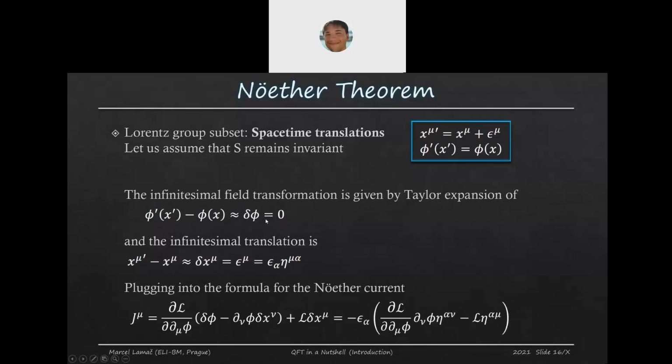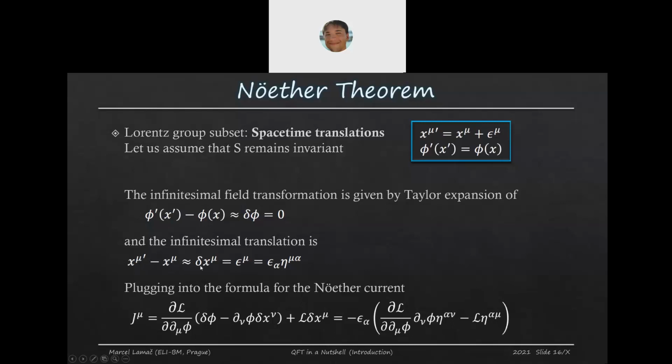So the first term goes to zero immediately, and what remains are only the terms with the infinitesimal coordinate transformations. So let's do the infinitesimal coordinate transformation. We know that the transformed coordinate is simply the old position vector plus the constant four-vector, and we subtract the old position four-vector.